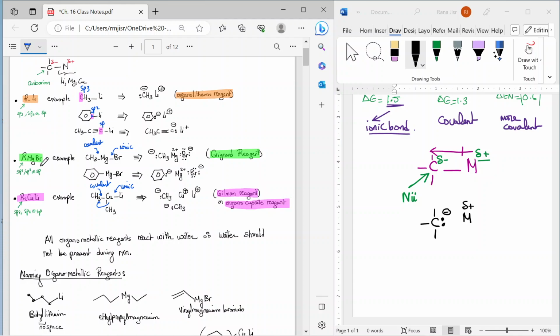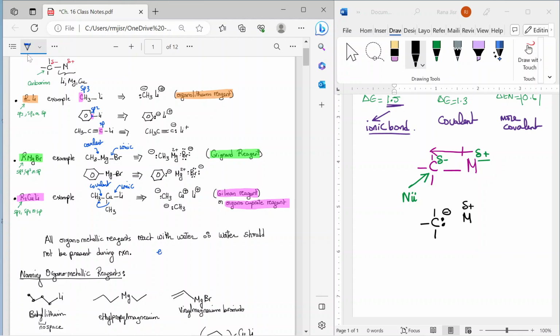All of these organometallic reagents react with water because the metal that they are made of is in the form of an ion, and that metal reacts violently with water. So this is why, whenever these reagents are used, we prefer to use a water-free solvent.